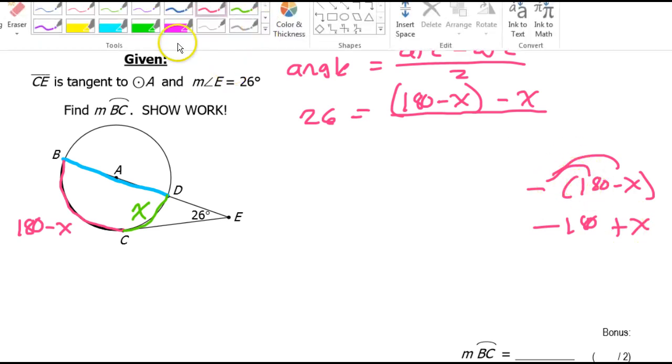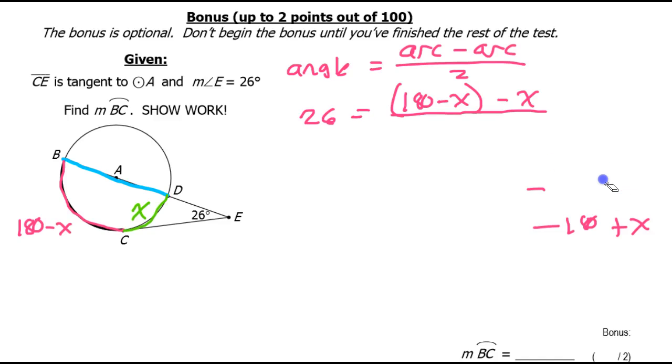So by making the second arc just be X instead of 180 minus X, I don't have to do the distributive property, and we can avoid that common mistake. Anyway, back to the problem. So all of that is divided by 2. So really, these parentheses aren't really doing anything.